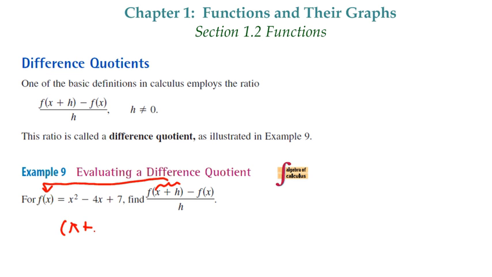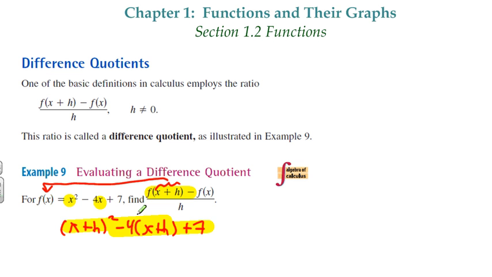So x plus h squared minus 4 times x plus h plus 7. This whole thing right here is f of x plus h. Basically, look at what I did: I replaced all of the x values with x plus h.